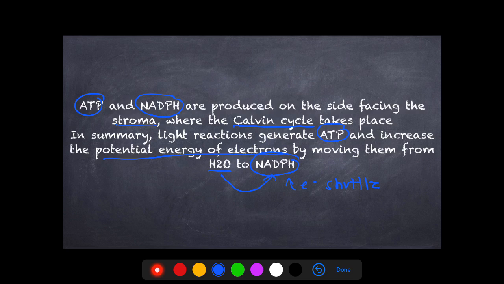And they will take that electron and its energy into the Calvin cycle. So remember, ATP and NADPH are both produced on the Calvin cycle side.